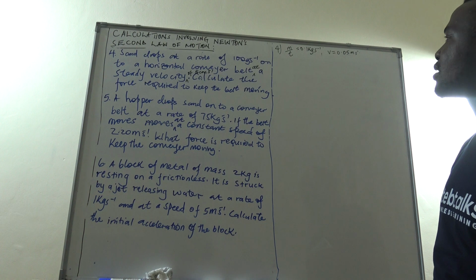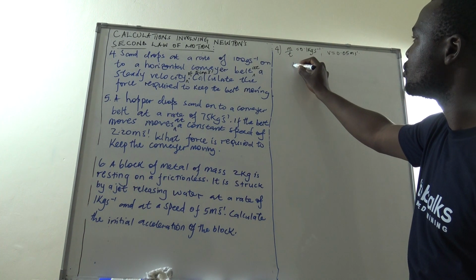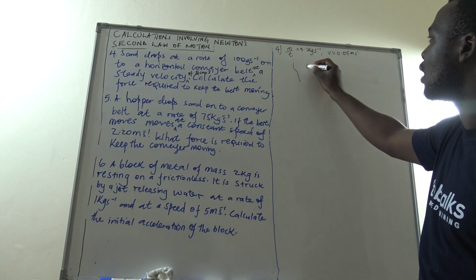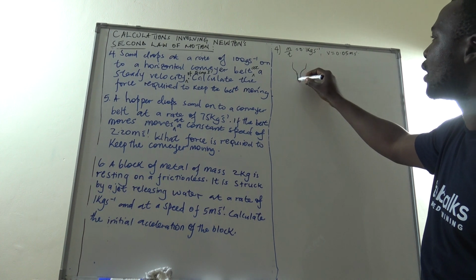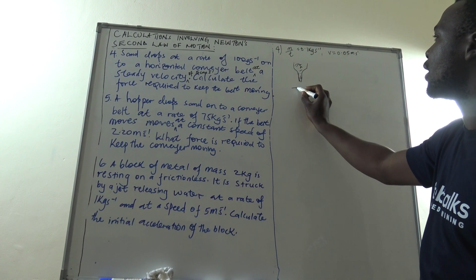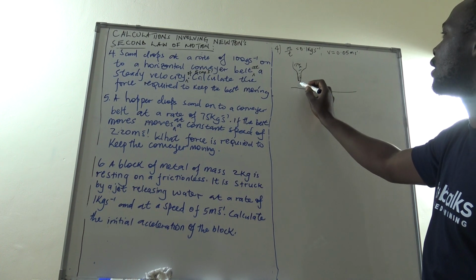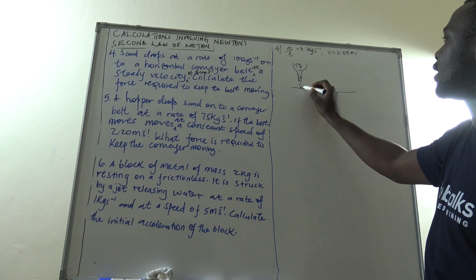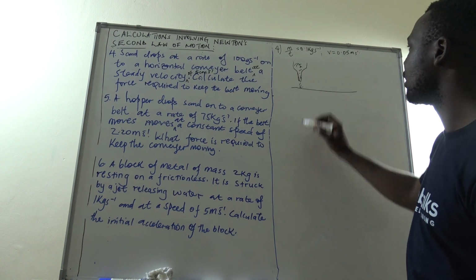Now let us try to analyze this question. They are saying sand drops. Assuming this is our container which has the sand, the sand is inside here, and this sand is dropping here.